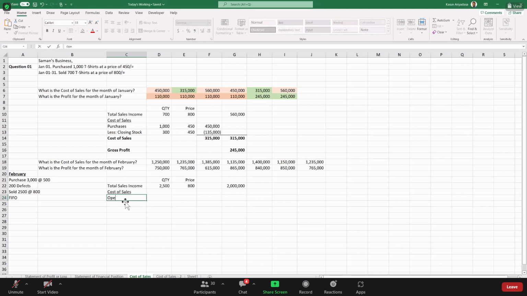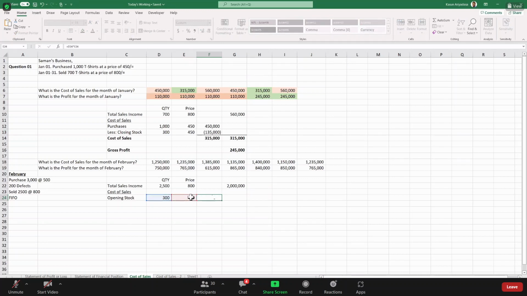The closing stock of the previous period would become the opening stock of this period. Opening stock of 300 at a price of 450.